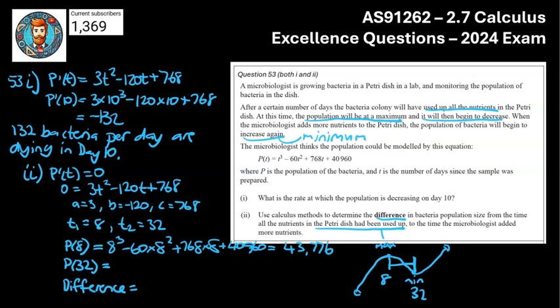Finally, I repeat the same for 32. I won't do all my working there to save a bit of time. But when I did that, I got 36,684. To find the difference, I subtracted my minimum value from my maximum value, and that got me 6,912. That was the answer I'm looking for to shore up your excellence grade.